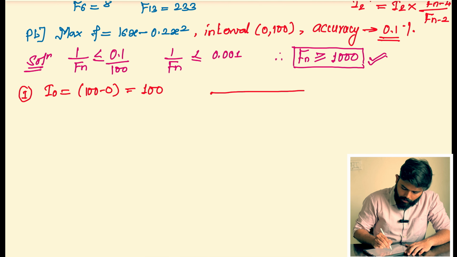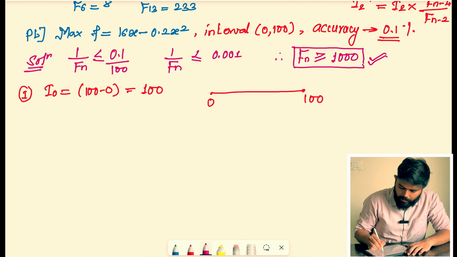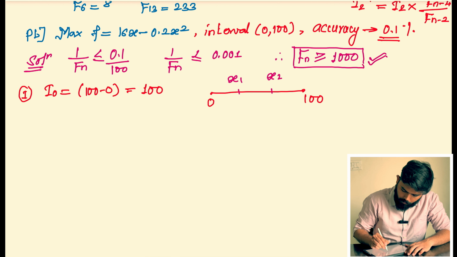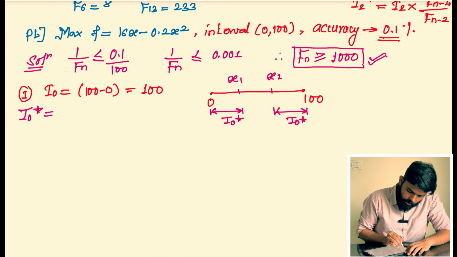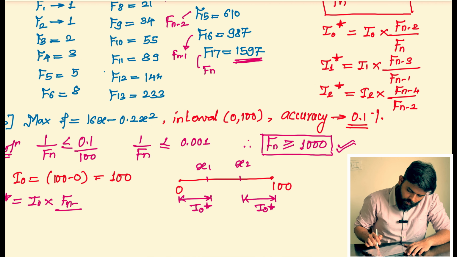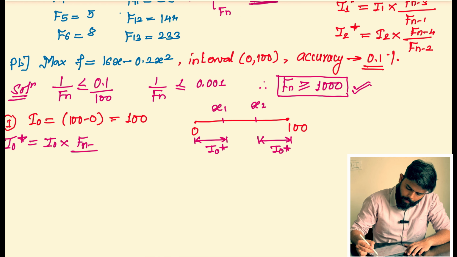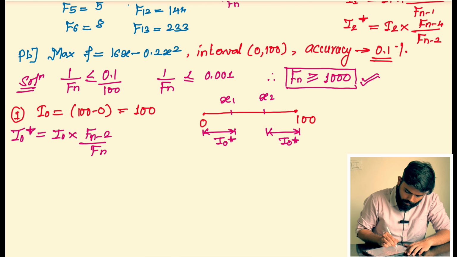Okay. Now let us plot a graph. Let us plot a line where the left side is 0 and the right side is 100. Consider 2 points x1 and x2 placed at a distance of I0 star from either end, and I0 star is I0 into Fn minus 2 upon Fn.